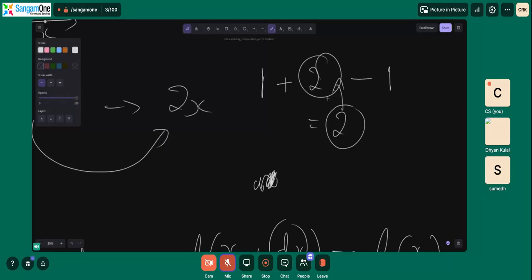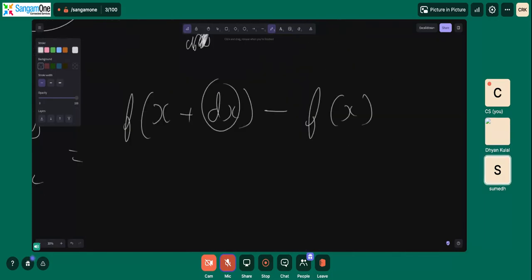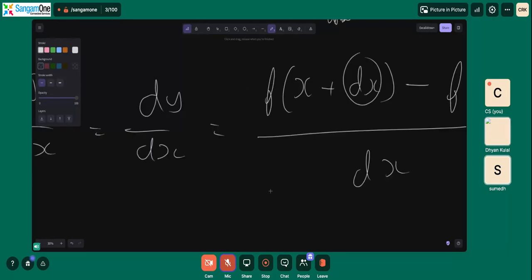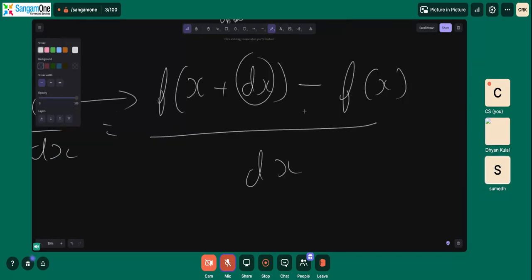Are you able to understand what I'm doing here? I am subtracting the old value from the new value so that I can get the difference, which was dx. Instead of writing dy like this, I'm writing dy like this. I hope it is clear.